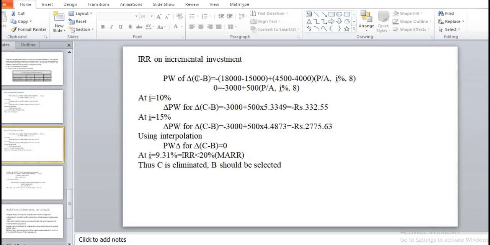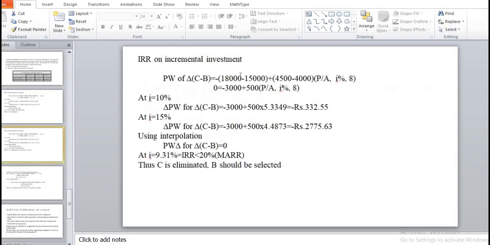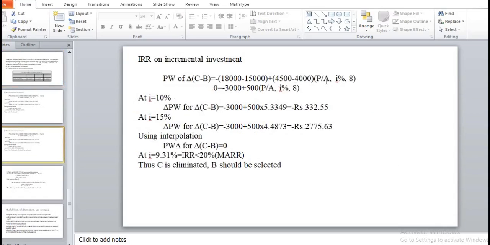Again in the second case we try C minus B. This is the investment, 18,000 minus 15,000, and this is the revenue or annual income, 4,500 minus 4,000, with the present worth factor. I is not known to us.